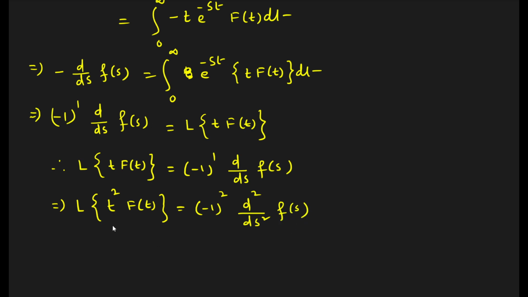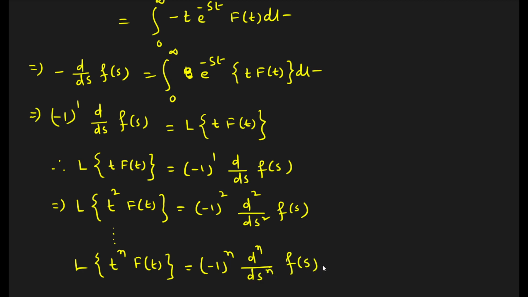Similarly, if we differentiate n times, we will get t to the power n f of t, and on the right hand side we will get minus 1 to the power n, d to the power n by ds to the power n of F of s. It's a very simple proof. After differentiating once, similarly you can write up to the nth. So this is the formula or theorem.